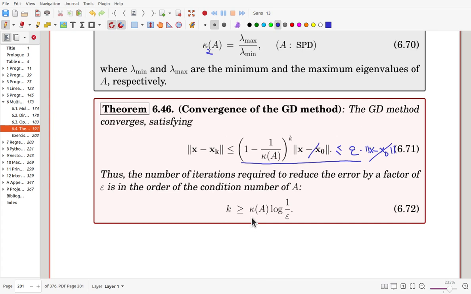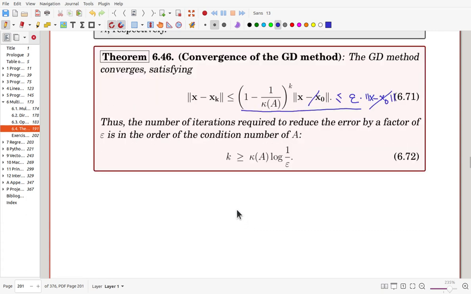So that's the reason the number of iterations required is large for the gradient descent method. But if you are using the conjugate gradient method, the required number of iterations is around the square root of the condition number.